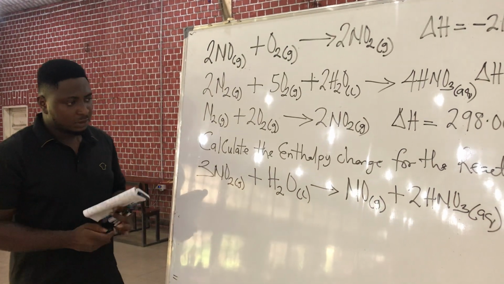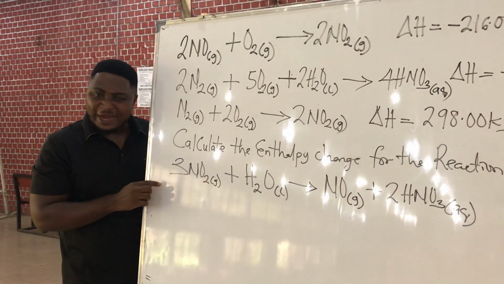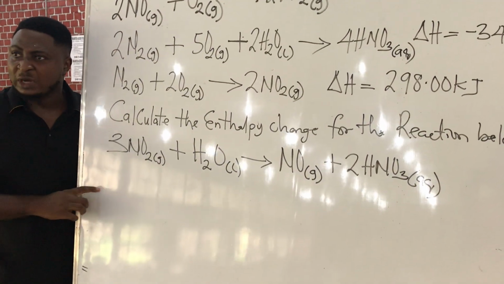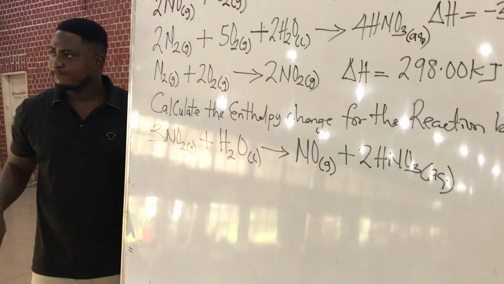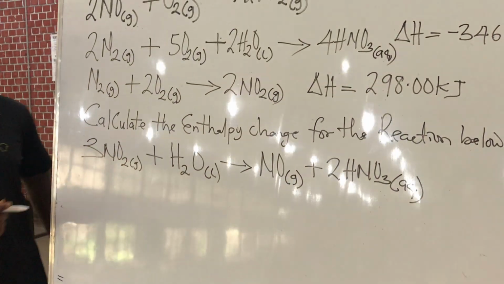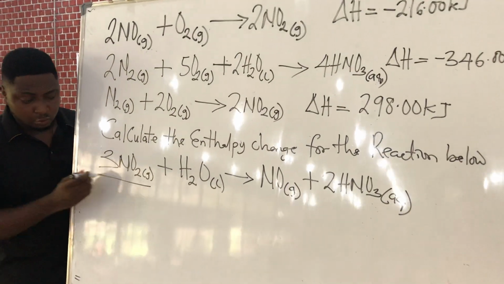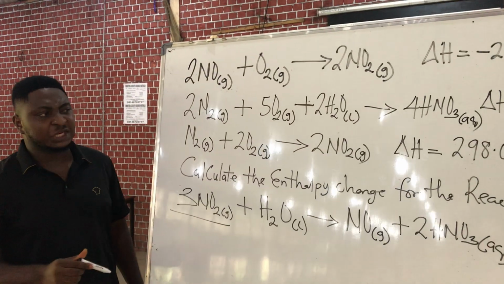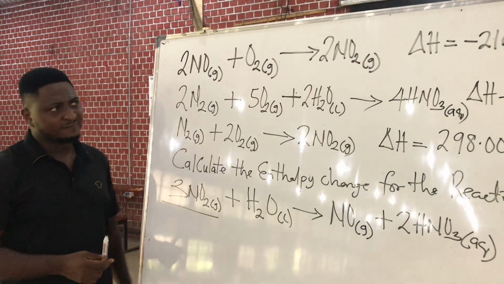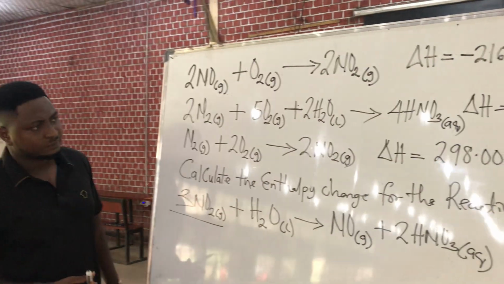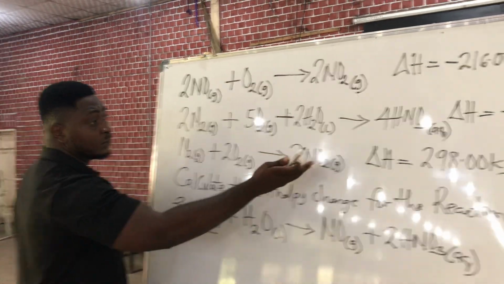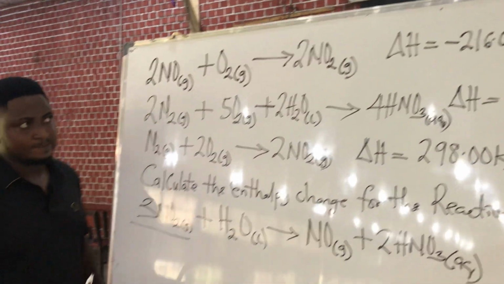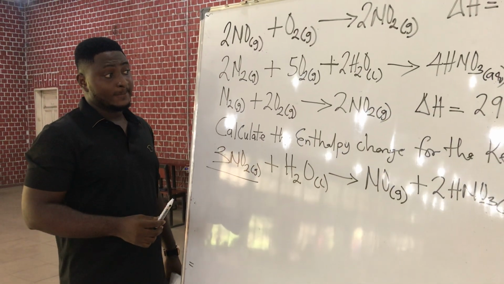Class, we are trying to favor this particular reaction. Who is the first species in this reaction? It is 3NO2. Go to these three equations and look for NO2. Where do we have NO2, class? We have NO2 here, we also have NO2 here.